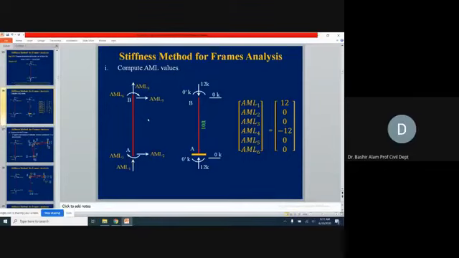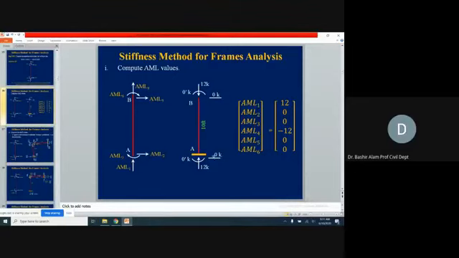And straight away you start making your AML matrix. Now you see AML1 is exactly pointing to the AM1 location, AML2 corresponds to AM2, and this corresponds to AM3. Now AML1 is how much? This direction we already found with the help of the applied loads, and it is the same as our positive direction. So AML1 is equal to 12, which is shown here in the matrix.